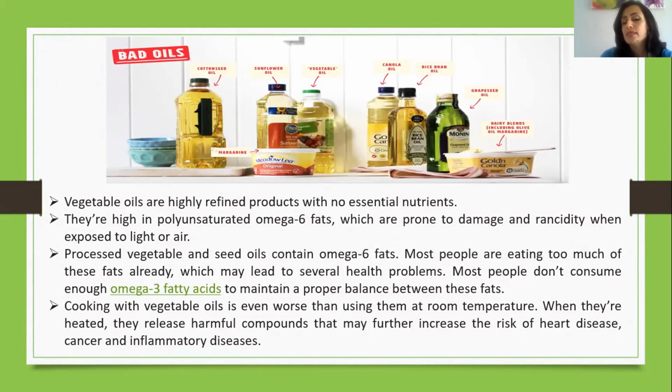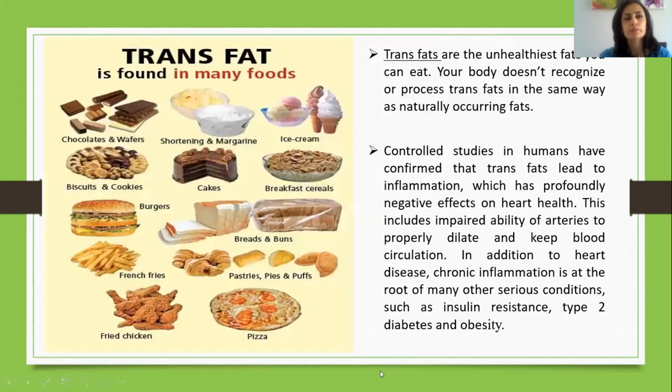The other thing is, when you cook with these vegetable oils, it even gets worse because when they are exposed to heat, they can release harmful compounds that may further increase the risk of heart disease, cancer, and inflammatory conditions. They also can turn into trans fats, which is a very harmful fat, which I'm going to go through just now. So yeah, another reason that you should stay away from those vegetable and seed oils.